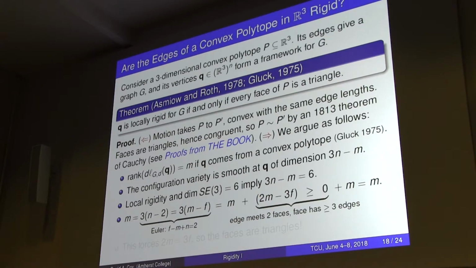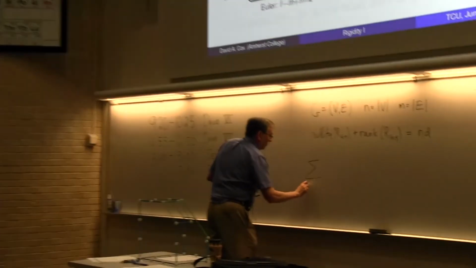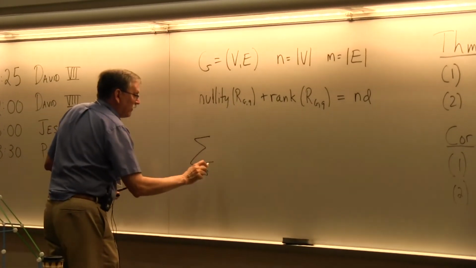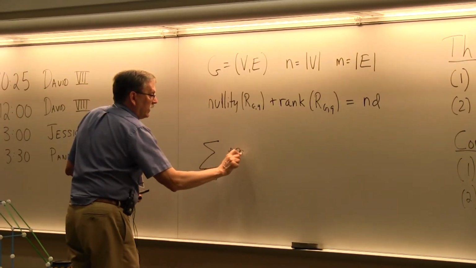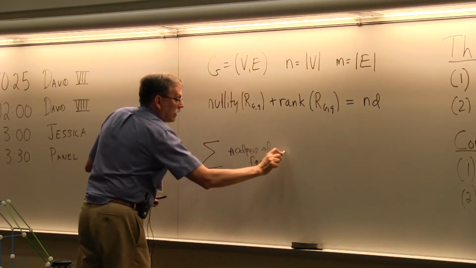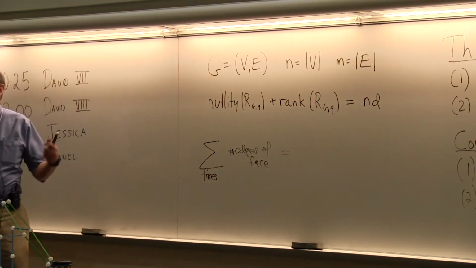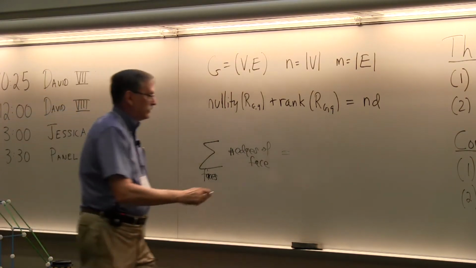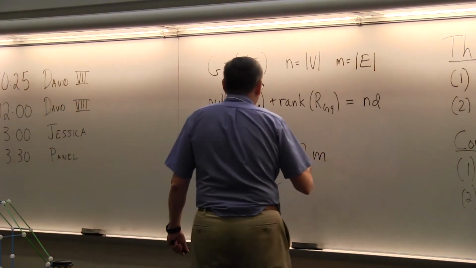Then I'm going to think about this quantity. It's just a simple counting argument. If you take the sum over all faces of the number of edges of the face, what I've done is I've double counted the edges. It's just a classic thing.